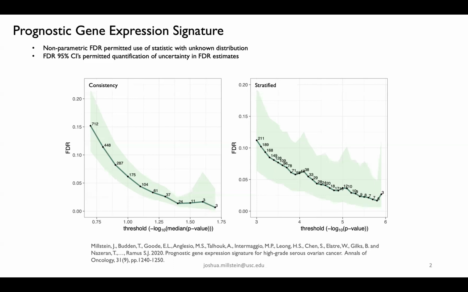So we decided that a statistic that might capture what we wanted would be the median p-value for each gene across the studies. That way, it would capture a consistent effect across the studies, but allow for some studies to disagree with the others.